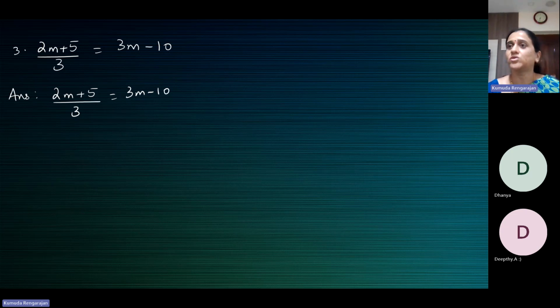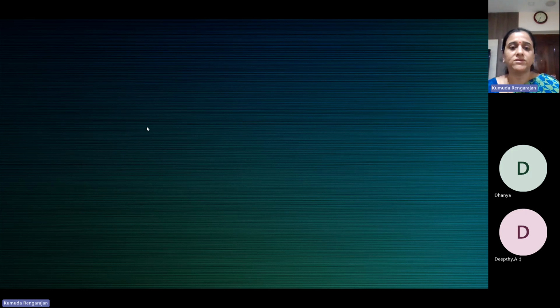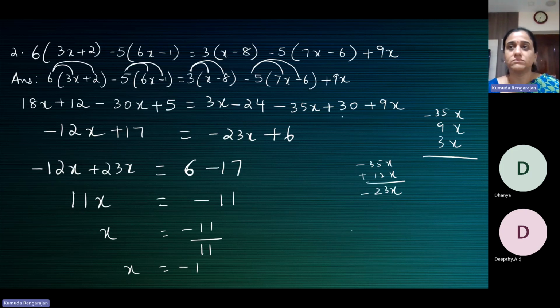At this stage, what you can do is cross multiply. Cross multiplication can be done only when you cannot do anything with the LHS alone or the RHS alone, because they're already simplified. Otherwise, you have to only transpose, like what we did here.